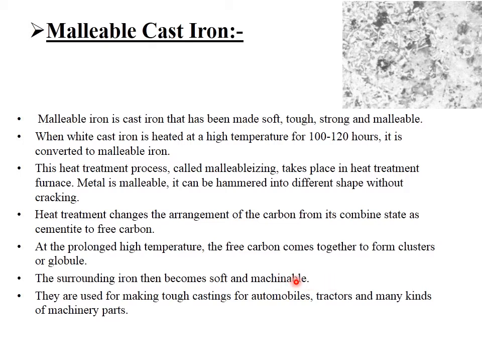So remember, malleable cast iron is obtained from white cast iron through a heat treatment process. Heat treatment is heating at a higher temperature and holding that temperature for a very long period, more than 100 hours. So this is the third type of cast iron, malleable cast iron.